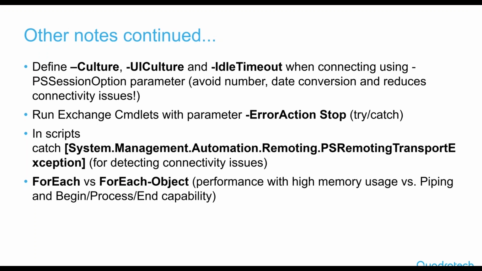What about now? Okay. One thing: we're talking here about timestamps and cultures. Whenever you connect to Exchange Online, as Marcel showed, you can just run Connect-ExchangeOnline, but there's also the parameter PSSessionOption. Define your culture, the UI culture, and the idle timeout.